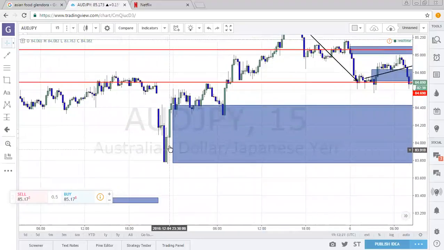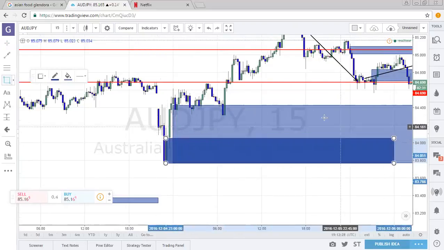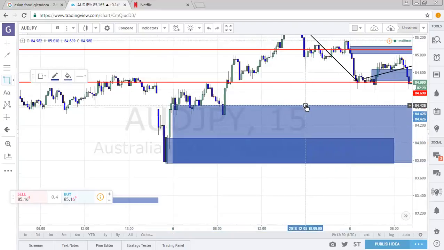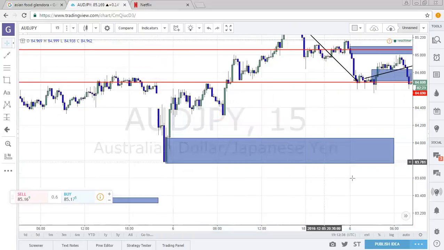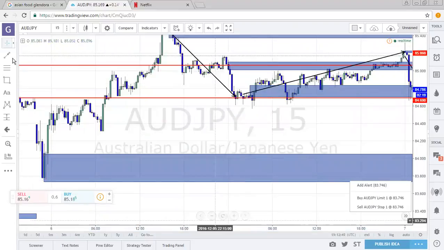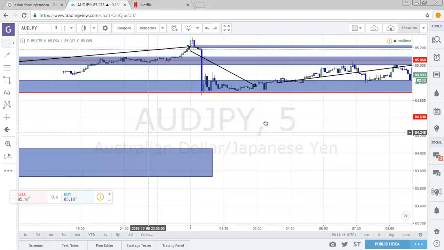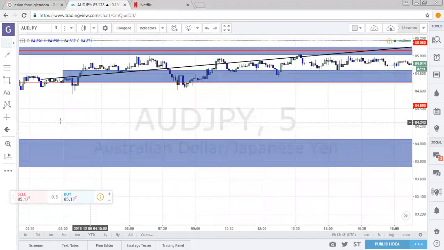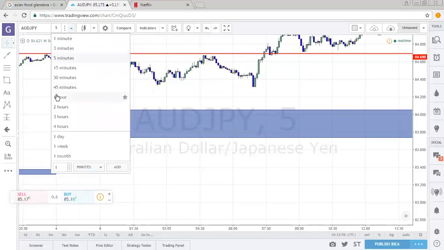Okay, so this would be the actual zone right here. Okay, this would be the actual zone right here. And if you want to even figure out, go to the exact, you could always find the exact candle. Okay, so on the 1 hour.